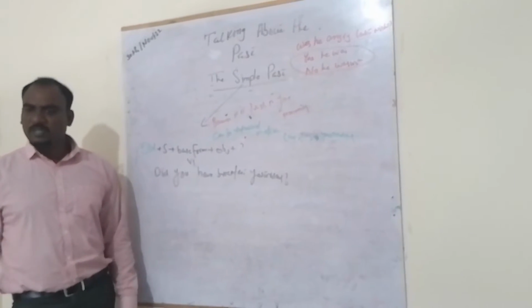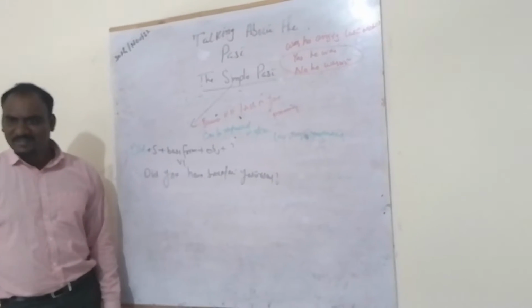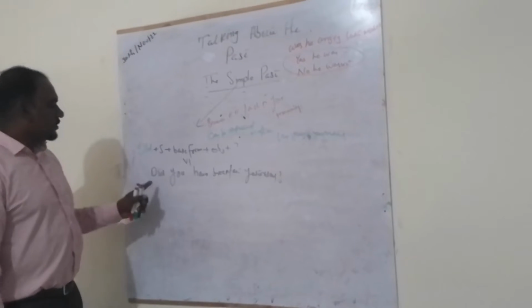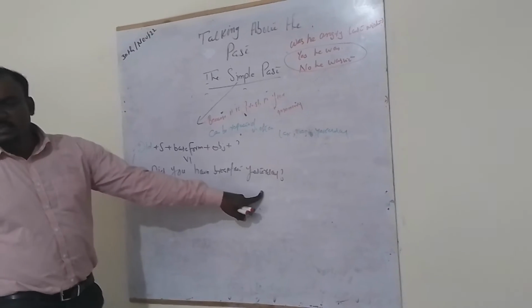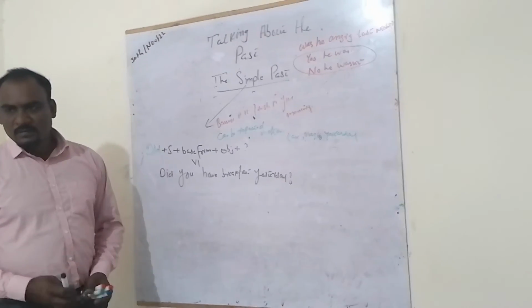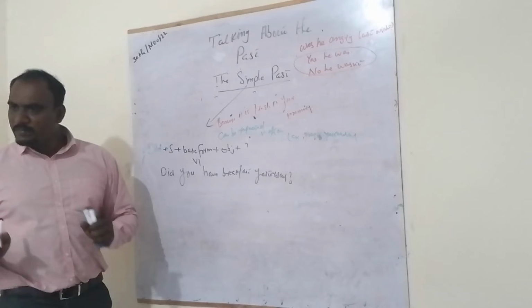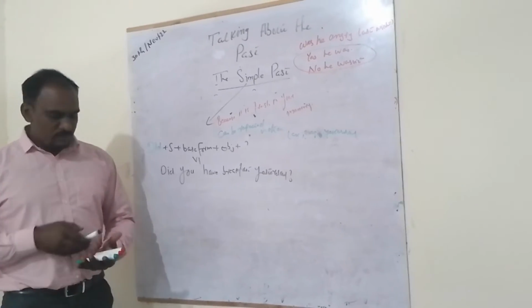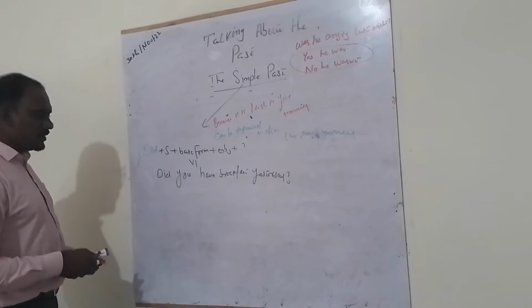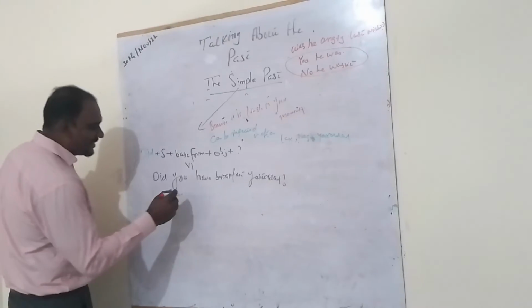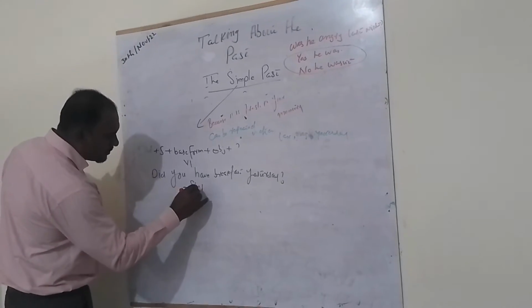Is it hard for you to think about 20 years ago? Yes, it is. So, did you have breakfast yesterday? Do you understand now why simple is called simple? Yes, sir. It's very simple, honestly.